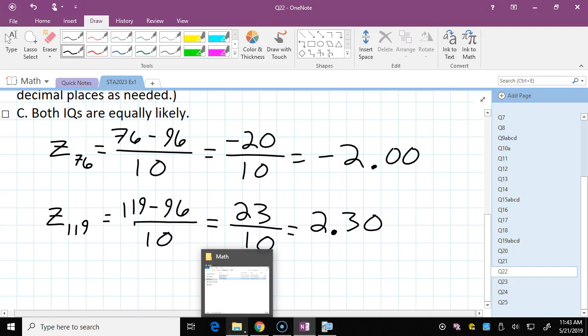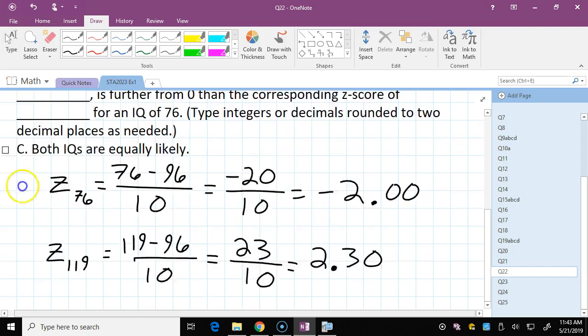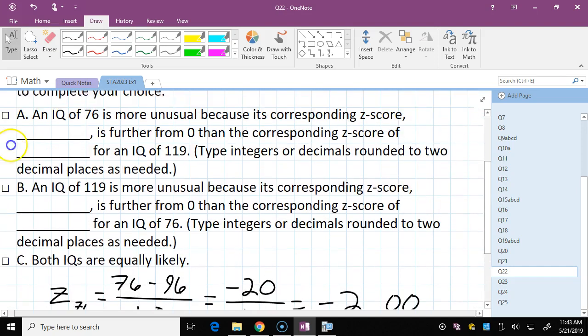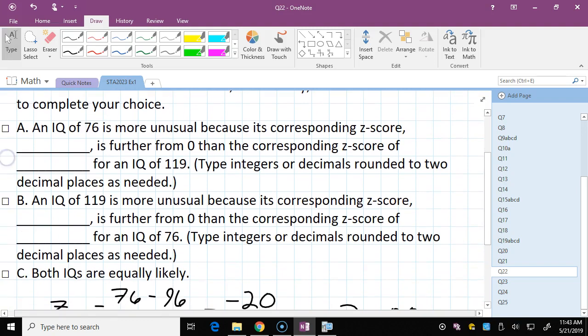Okay? So there are the z-scores, because we need those to fill in the blanks for whatever answer we chose. So who's more unusual? The 119. It has the higher standard deviation. So up here, we've got 3 choices. Which one is it?